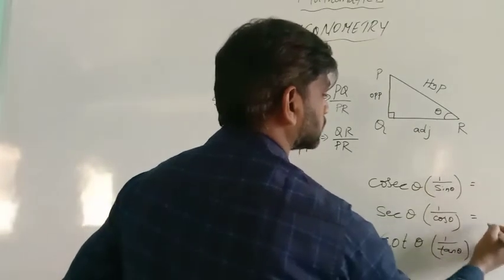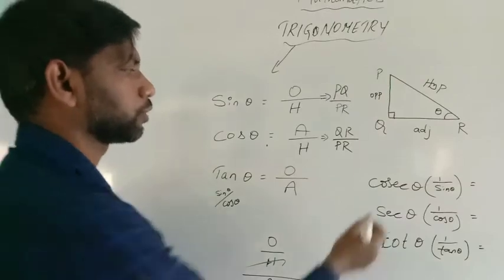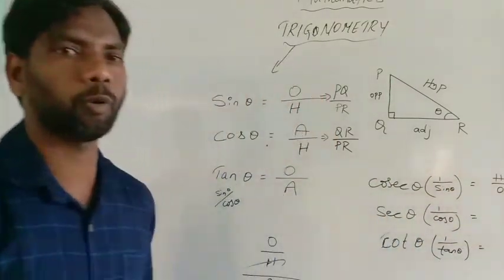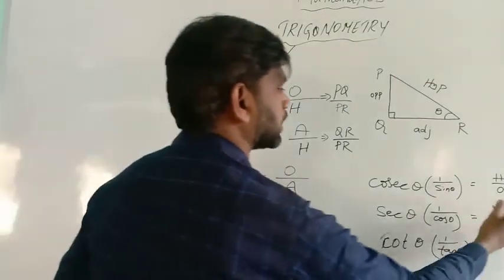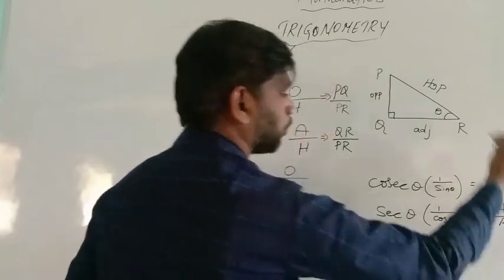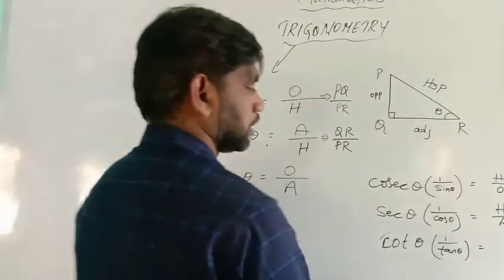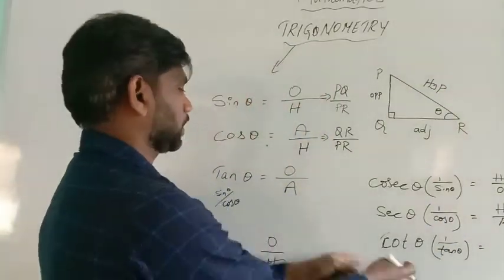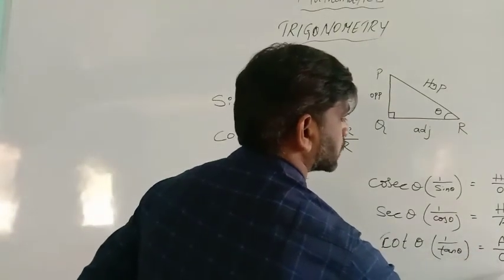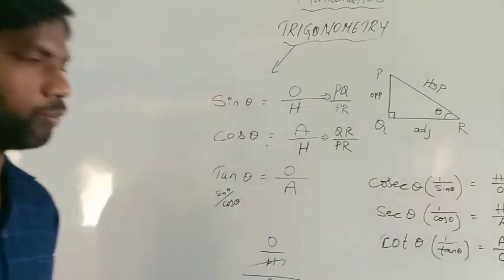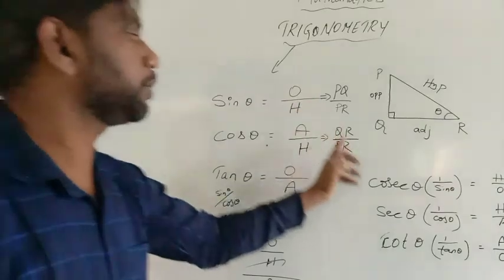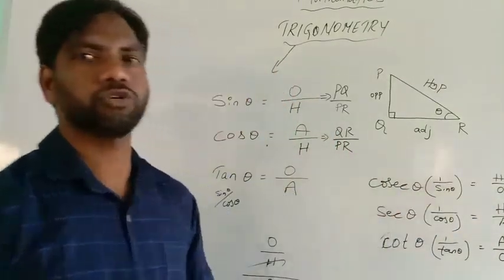So cosecant is H by O, hypotenuse by opposite; secant is H by A, hypotenuse by adjacent; and cot theta is adjacent by opposite. Like this, we can write the remaining three ratios.